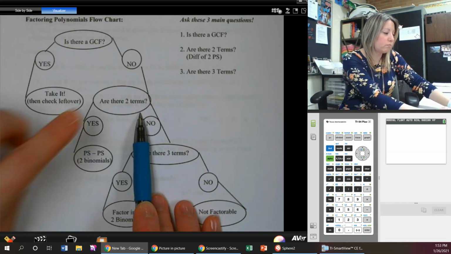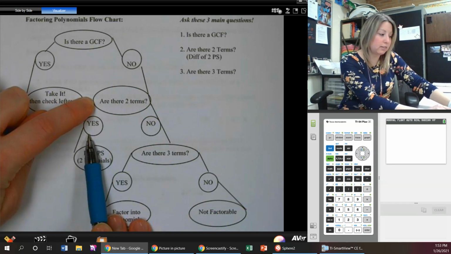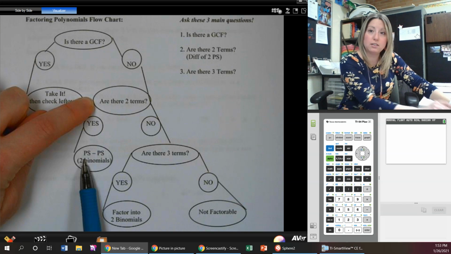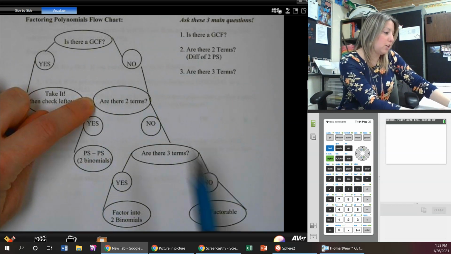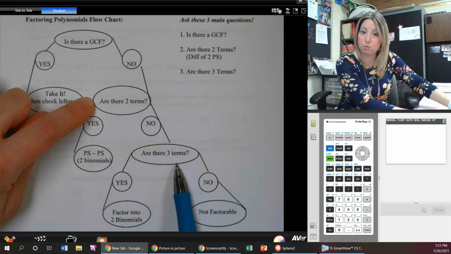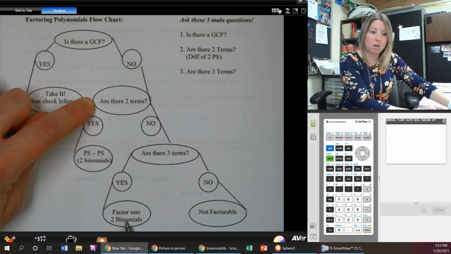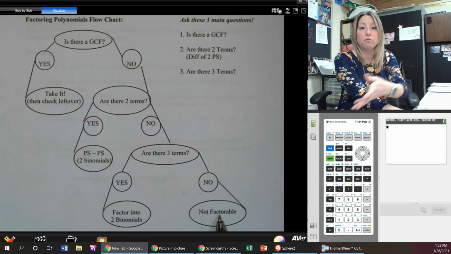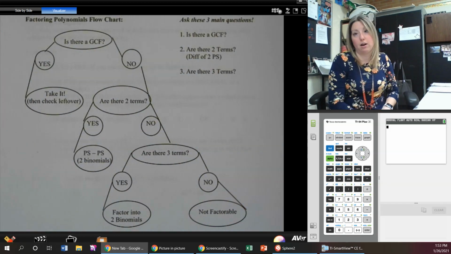But is there a GCF? No. Are there two terms? If the answer to that is yes, it's probably DOTS, difference of two perfect squares. If the answer is no, hopefully there's three terms because we know how to deal with that. And if the answer is yes, then we're going to factor it into two binomials. If the answer is no, at the level we're at, it's not factorable right now.